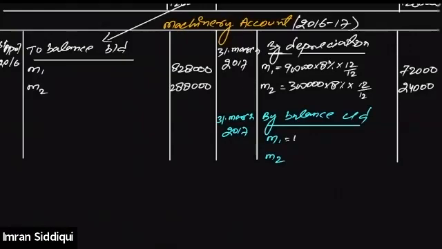So 8,28,000 minus depreciation 72,000. After subtracting it, we will get 7,56,000. This is the closing value of machine 1. And similarly, we need to find out the closing balance for machine 2 as well. 2,88,000 minus 24,000.